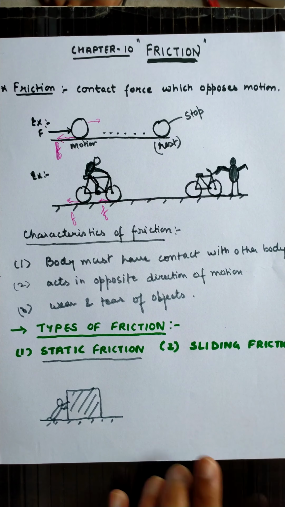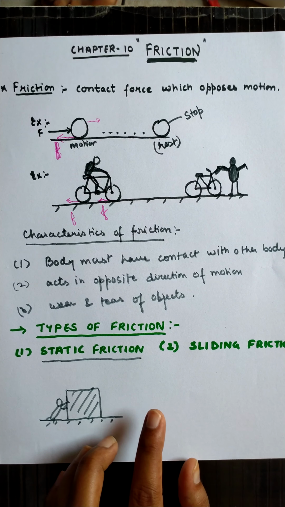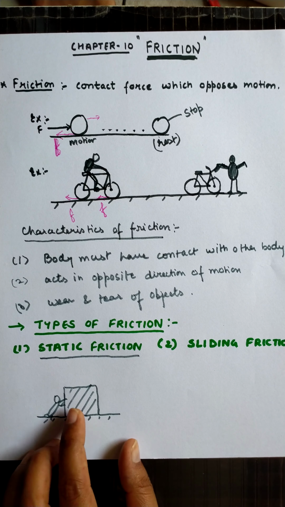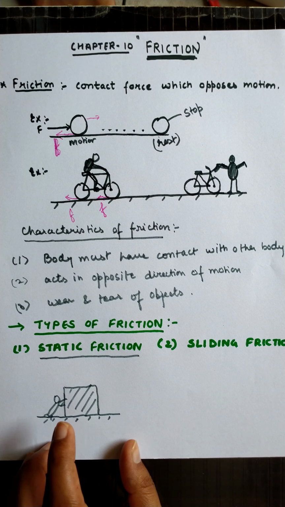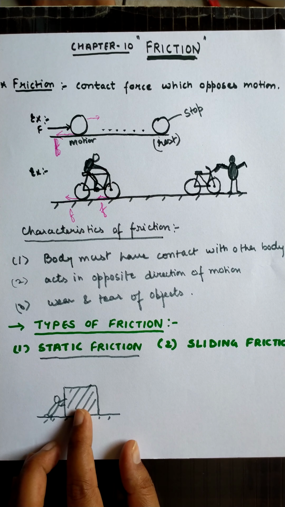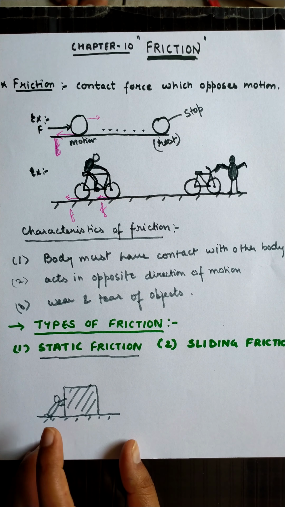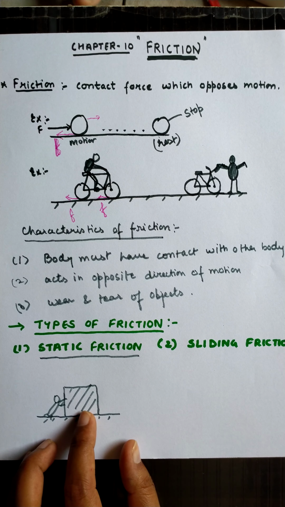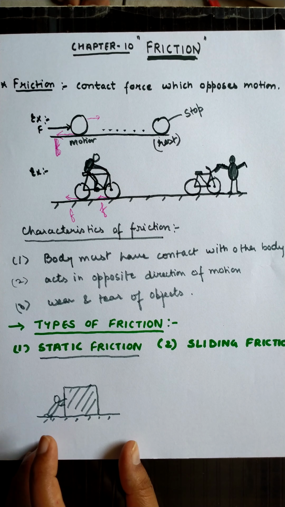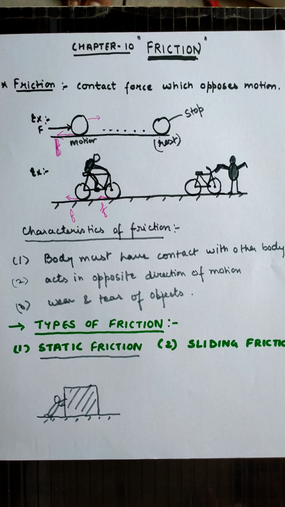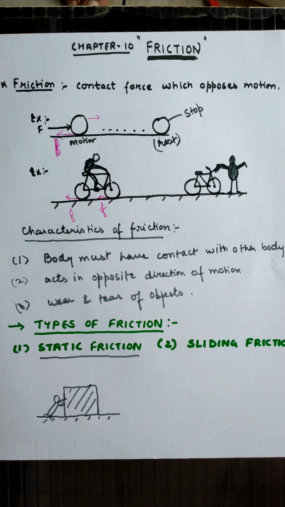So in this case, both the surfaces are in contact with each other, but there is no relative movement between them, meaning the block is not moving. So which friction force is there over here? It is static friction. Static friction is that amount of friction force at the instant when the object moves from its state of rest, the object will start.